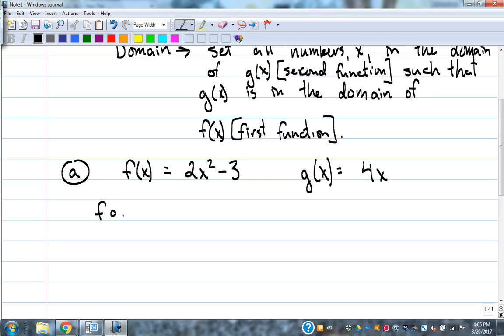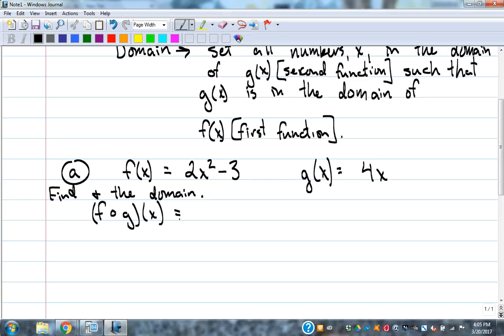And we're going to find f composed with g of x, and the domain. Find that composition and the domain. Finding the composition is not completely foreign to us.